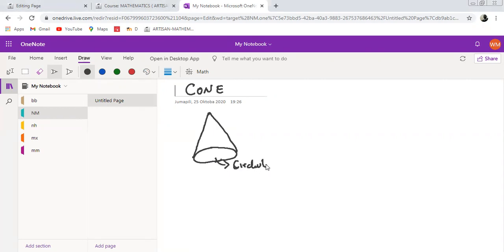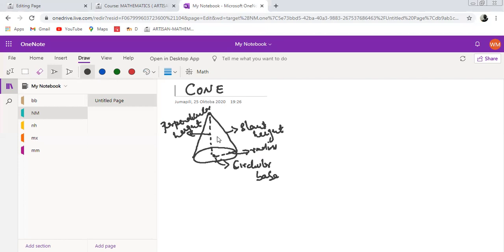We have got a circular base, and this is normally known as the slant height. And from the center of the base to the vertex there, we normally have the perpendicular height. And then from the center to the circumference like this, we are going to have the radius.